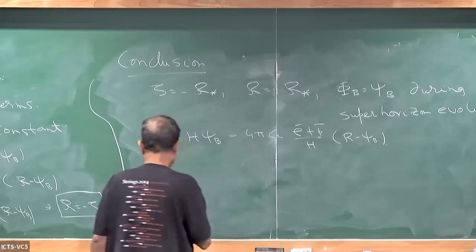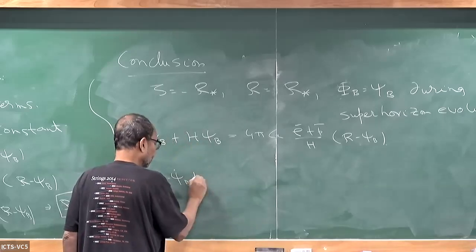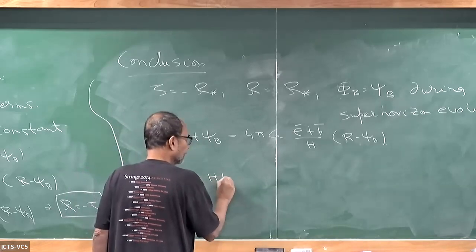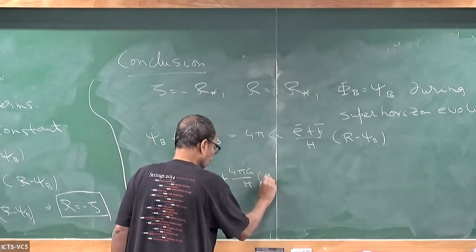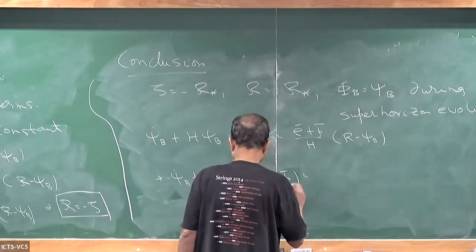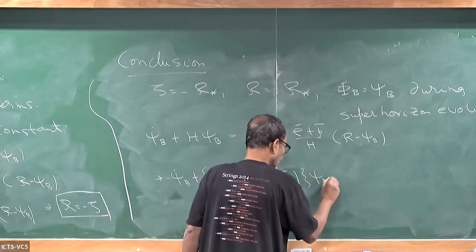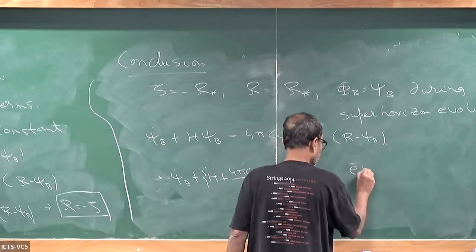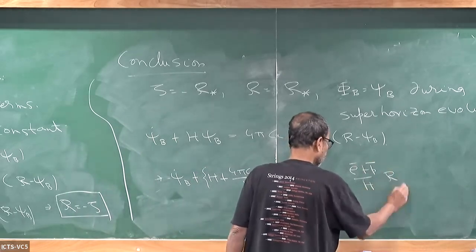I'm going to write this with all the psi b's on one side: psi b dot plus h plus 4 pi g over h times rho bar plus p bar, times psi b, equal to 4 pi g over h times rho bar plus p bar, times r.